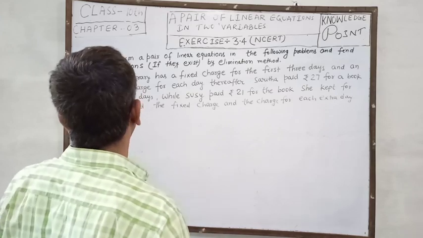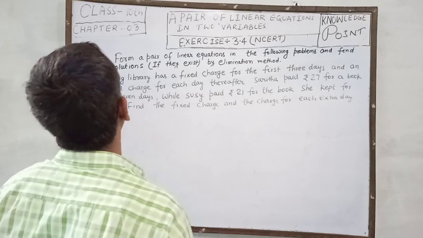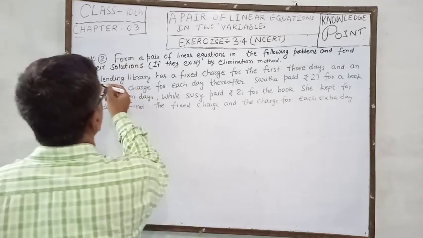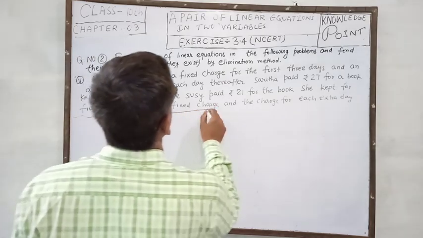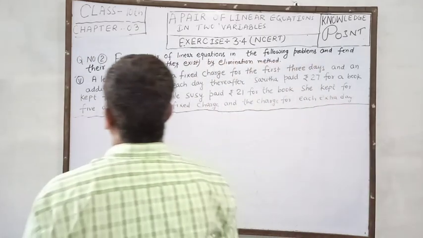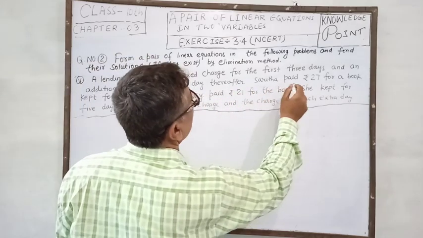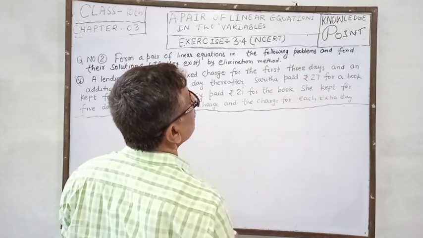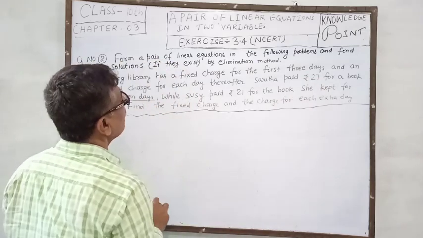Students, this is the last question for question number 2 of Exercise 3.4. It says a lending library has a fixed charge for the first 3 days and an additional charge for each day thereafter. Saritha paid rupees 27 for a book for 7 days, that means 4 extra days.